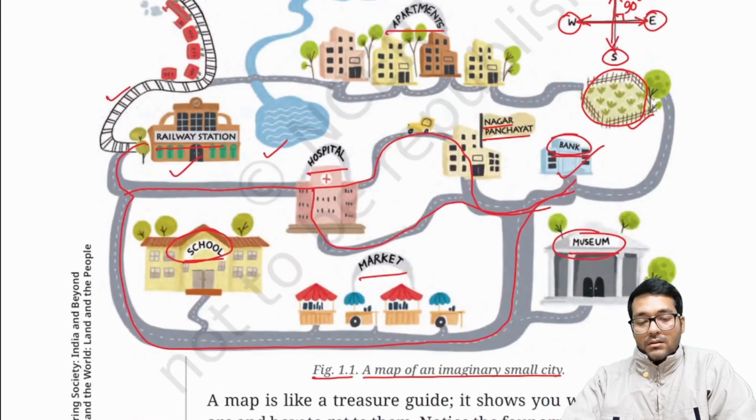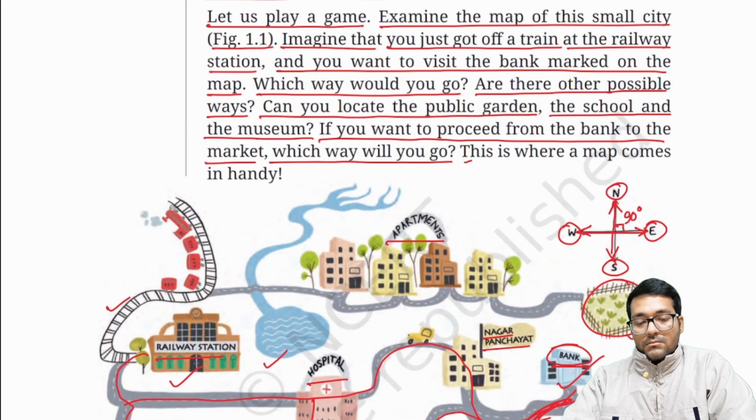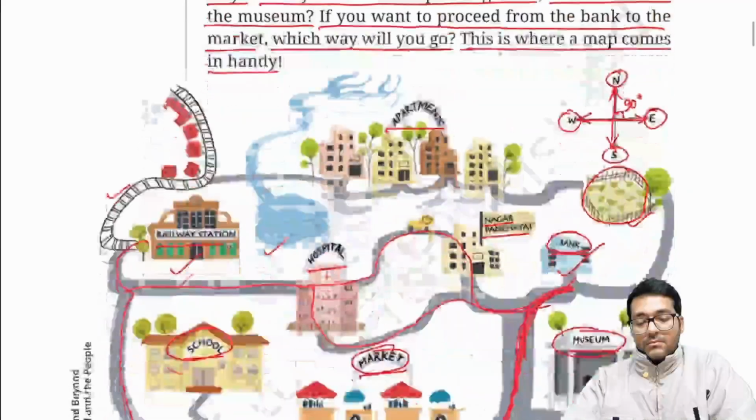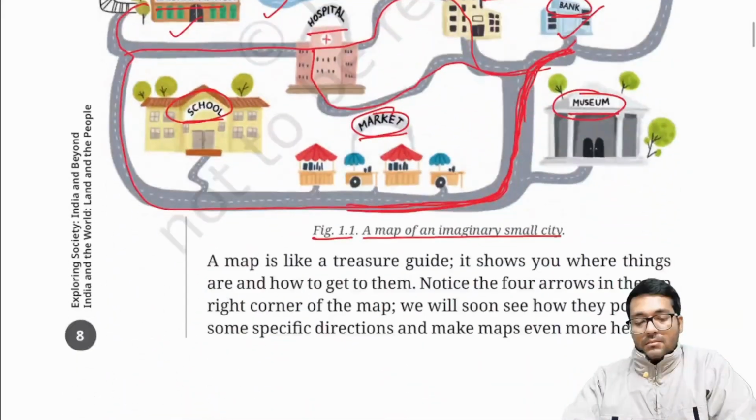From bank to the market, the shortest path is like this. This is where a map comes in handy. A map is like a treasure guide. It shows you where things are and how to get to them.